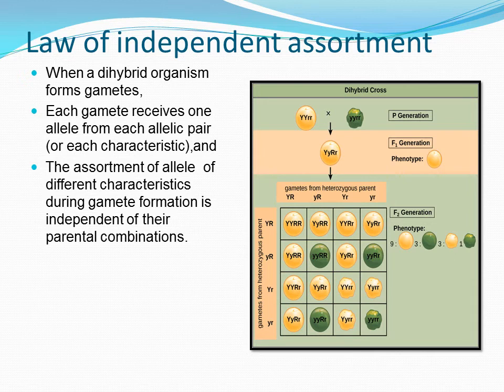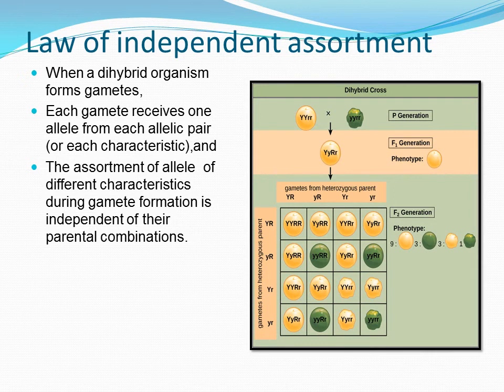Some characters grow out independently from the parental combinations. So after a dihybrid cross, this is what Mendel started drawing. Mendel said that some independent characters were also formed. Mendel's observations we have already studied in the previous slide.